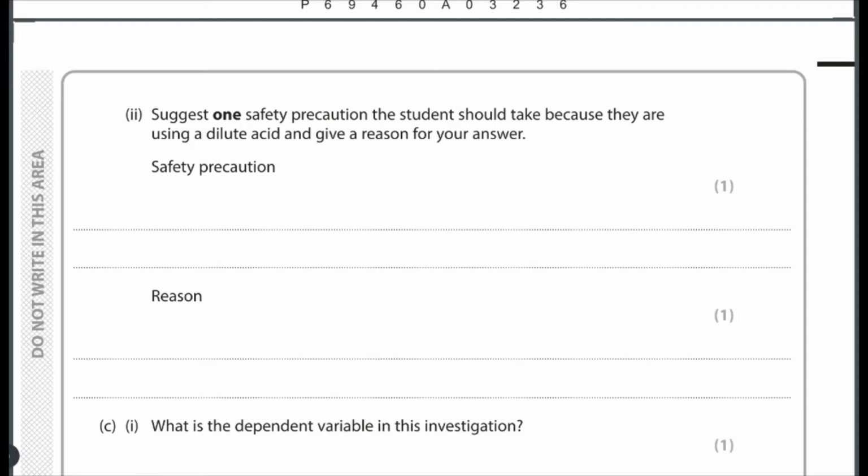Safety precaution, we can say wear goggles, wear safety glasses, or wear gloves. We will talk about wearing goggles. The reason is that even though this is a dilute acid, it is also an irritant. We know that concentrated acids are corrosive, and dilute hydrochloric acid is an irritant or it can cause harm. I'll note that down.